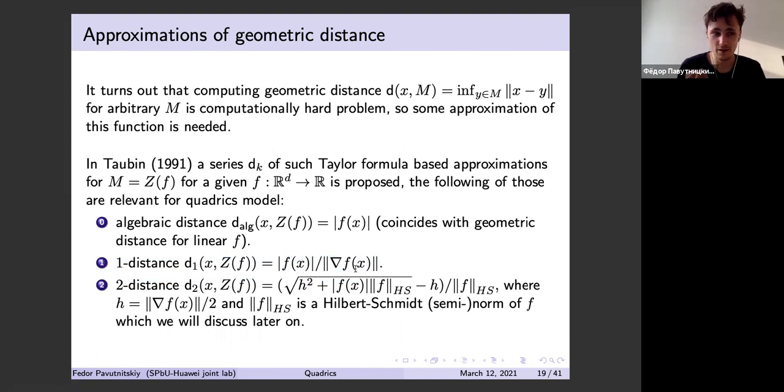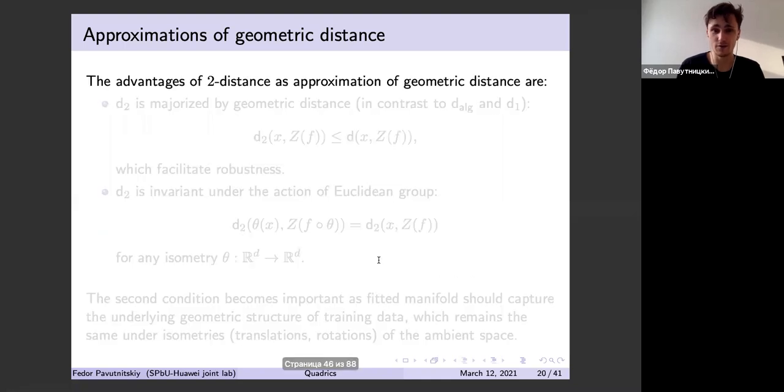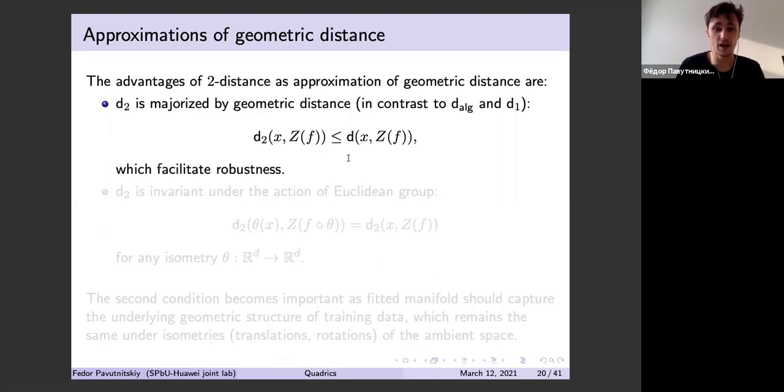So if in some point your gradient is equal to 0 or close to 0, this will be a huge number, right? This is not happening for approximation of order 2. It's actually always lower than geometric distance, so we don't have huge values here. And during gradient descent, you will not have any problems if you go to regions where distance of order 1 is big.